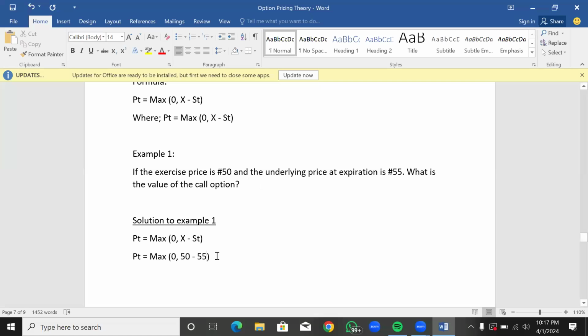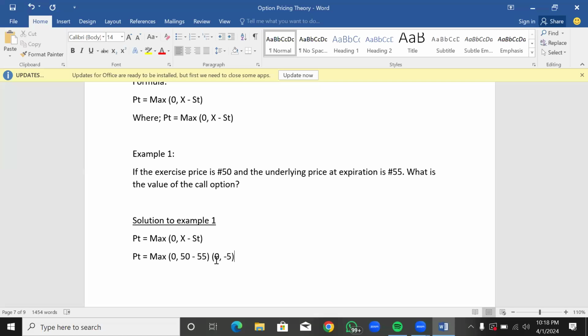So I have max of 0 and minus 5. Which one is greater, 0 or minus 5? 0. It will be ignored, so we have 0.